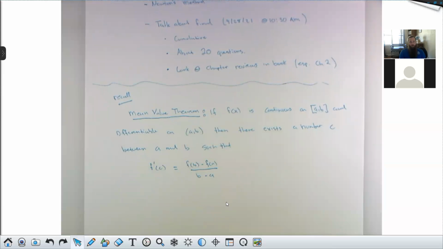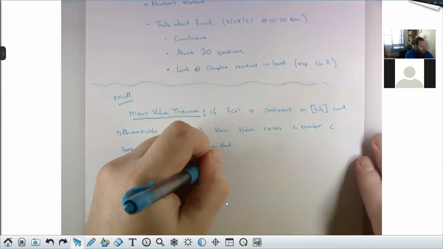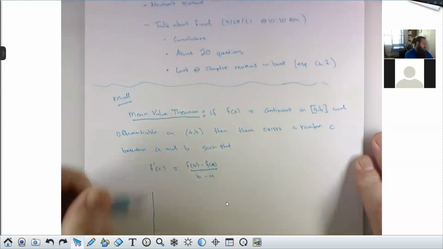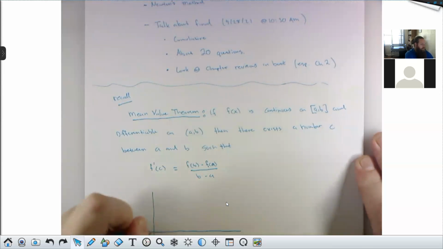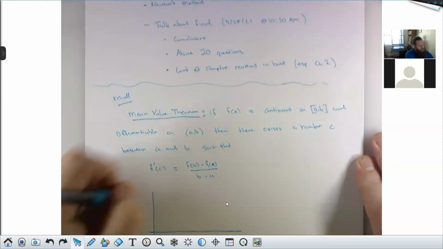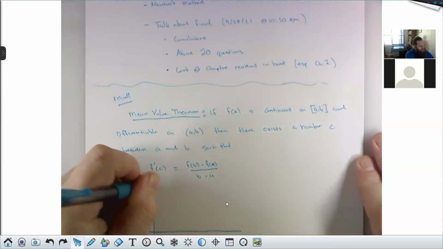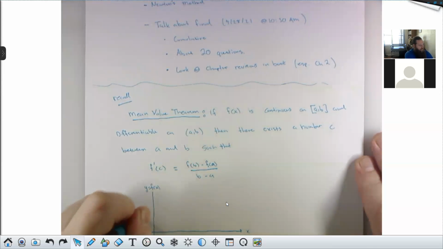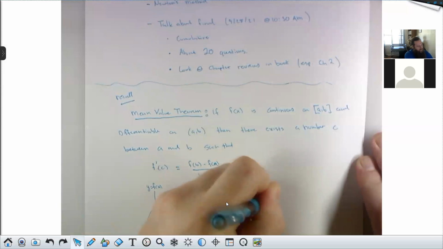And there's a geometric interpretation. There are some physics interpretations, too. I'm going to walk you briefly through those. The geometric interpretation is that if you look at the graph of the function, y equals f of x, with the x-axis here, and I'll just draw some generic function in here.